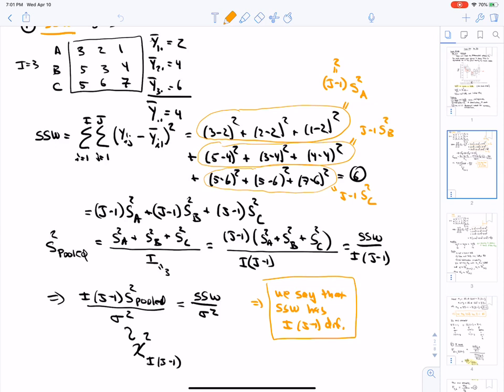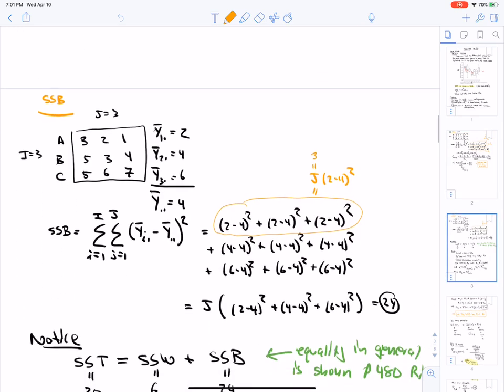This is a chi-squared with I(J minus 1) degrees of freedom. And so we say that SSW is a chi-squared with I(J minus 1) degrees of freedom.